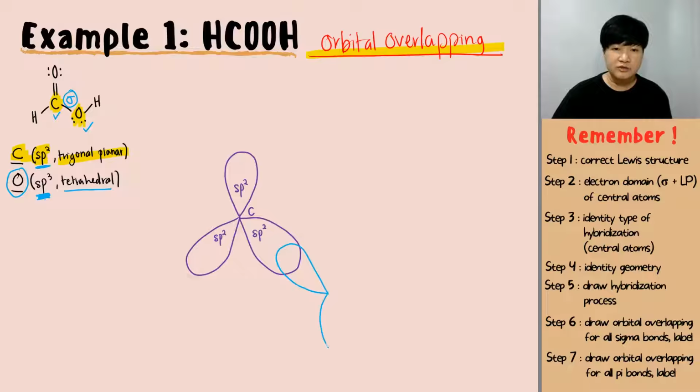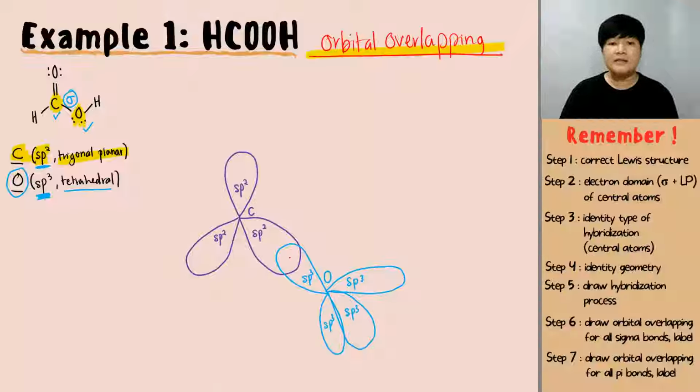So your sp3 is in the shape of a tetrahedral. Knowing that that is your sp3 of your oxygen central atom. So make sure you label everything clearly. Okay, and the first sigma that you form is between your carbon and oxygen as the central atoms and overlap head to head to form a sigma bond.